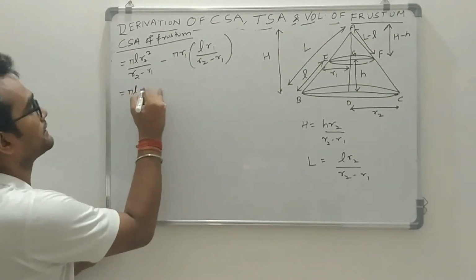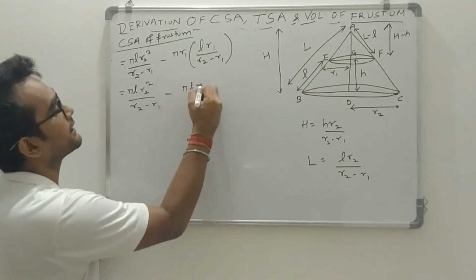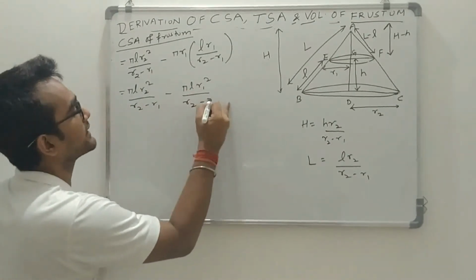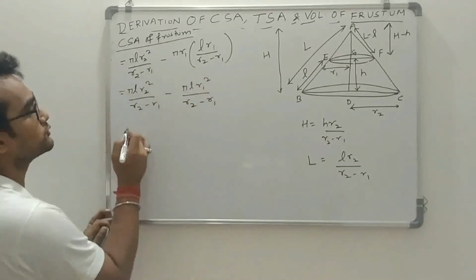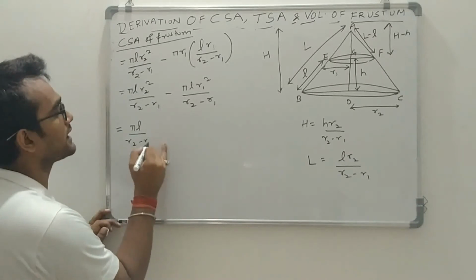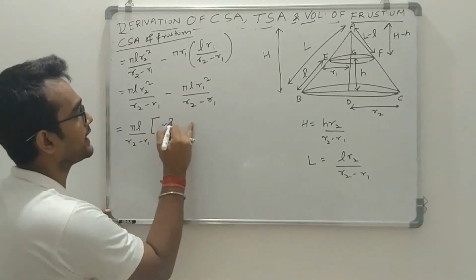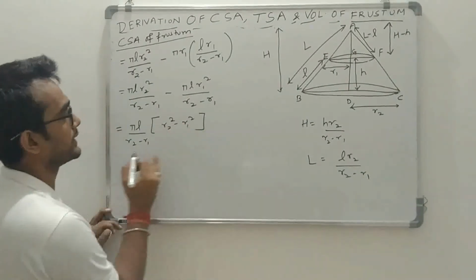Next, pi L R2 square upon R2 minus R1 minus pi L R1 square upon R2 minus R1. From these two, we can take pi L upon R2 minus R1 as common. After taking common, we will get R2 square minus R1 square.